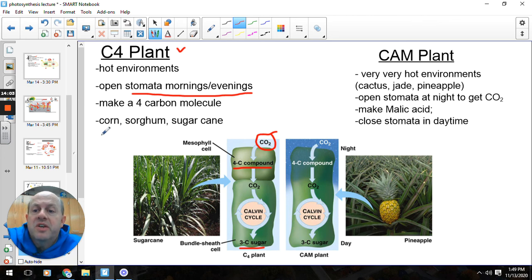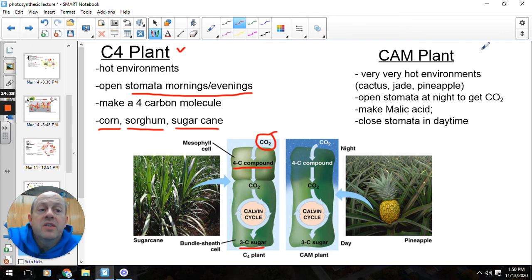There's lots of sunshine. So types of C4 plants would be corn, sorghum, which is milo, sugarcane. These are all kind of tropical plants that have developed the strategy to not lose water, but it does cost them a little extra energy, and so living in the sunny environments is a big plus for them.